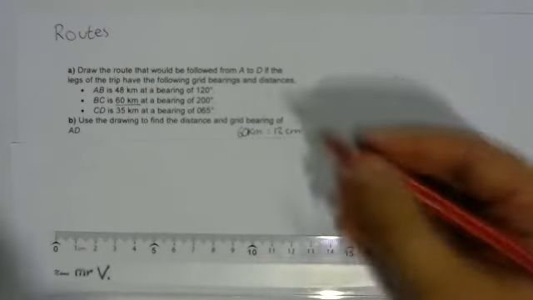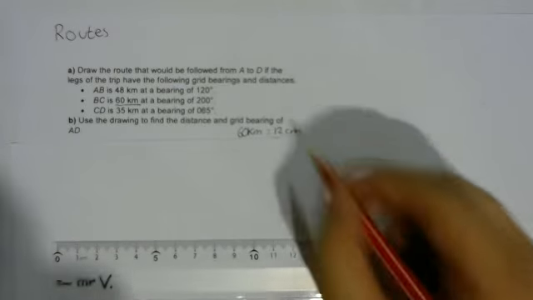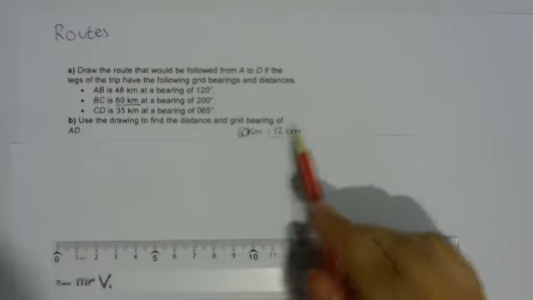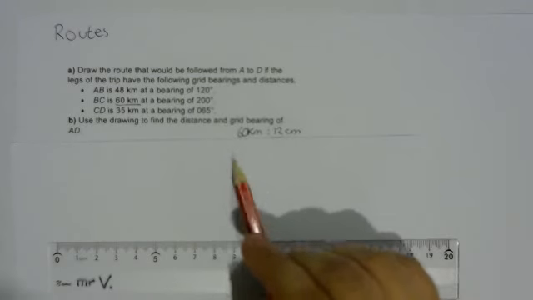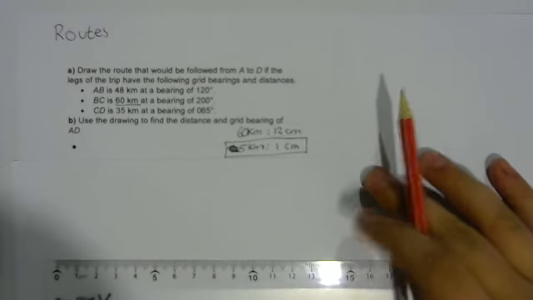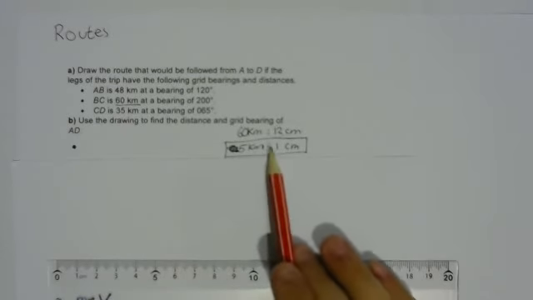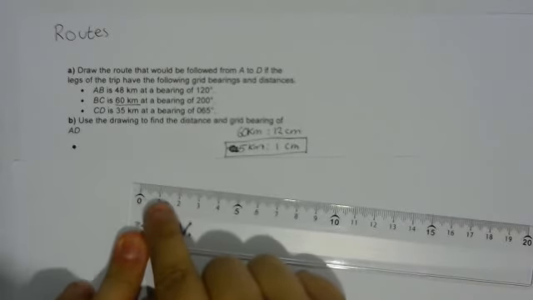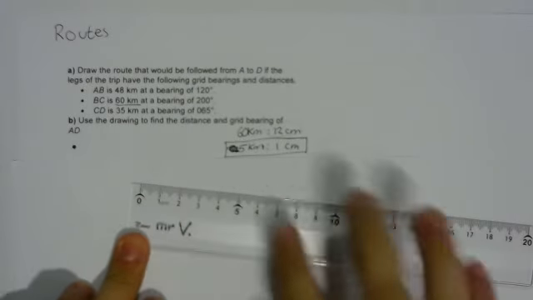Because we're measuring in centimeters, we'll make that the centimeter side. So I'm going to divide 12 by 12, and divide 60 by 12, to give me my unit equivalency of 5 kilometers is proportional to 1 centimeter. In other words, every centimeter on my ruler is equal to 5 kilometers in real life.